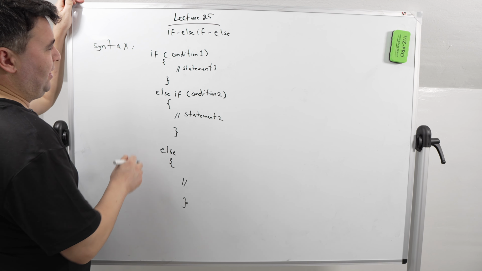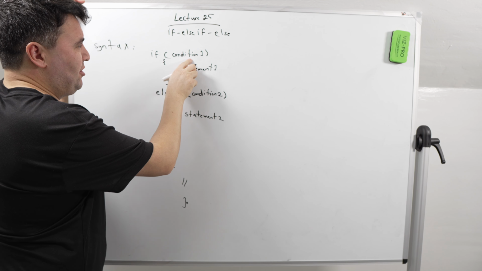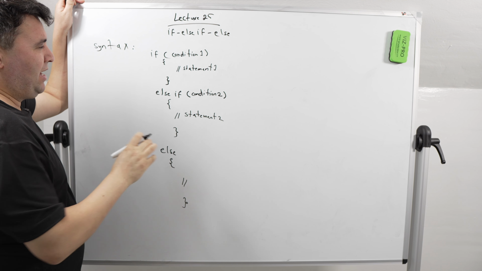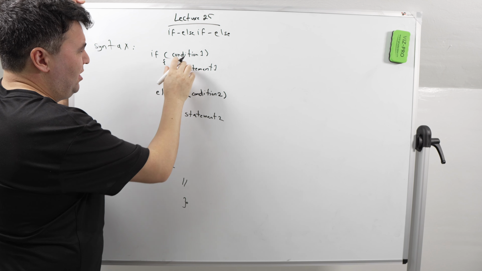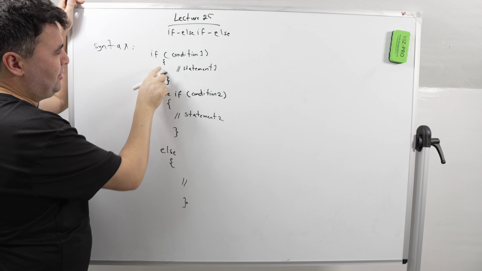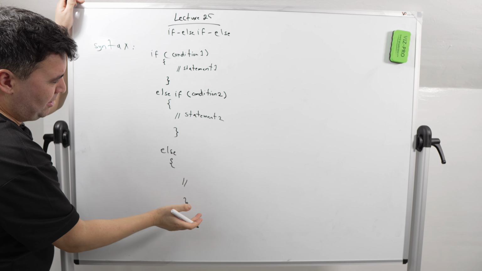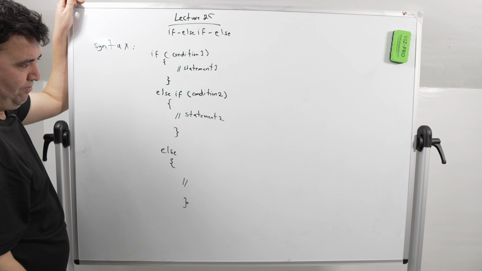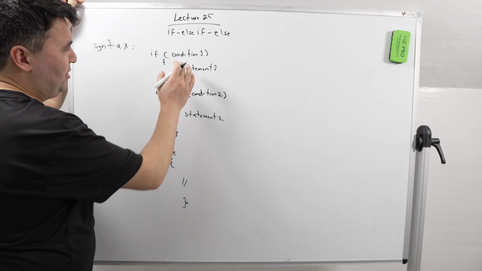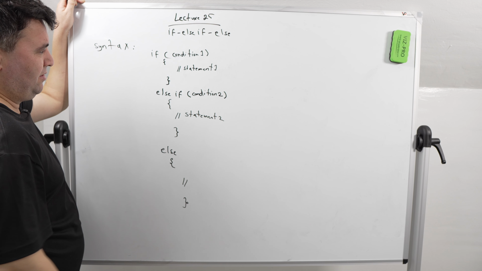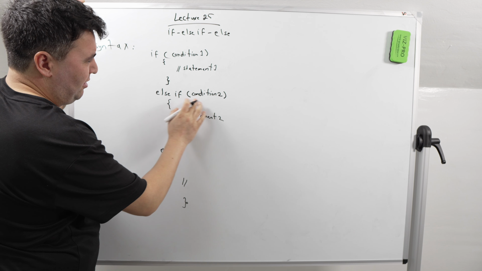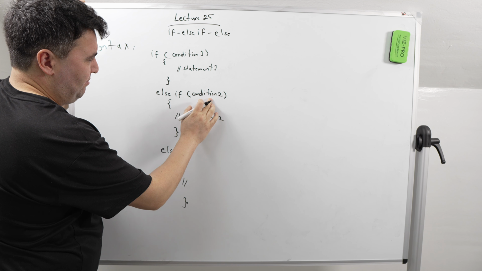So in our program, we have the if, the first condition. If the first condition is true, this block, statement 1, will be executed, and the other blocks, including the else, will be ignored. If the first condition is not true, the program checks the second condition.